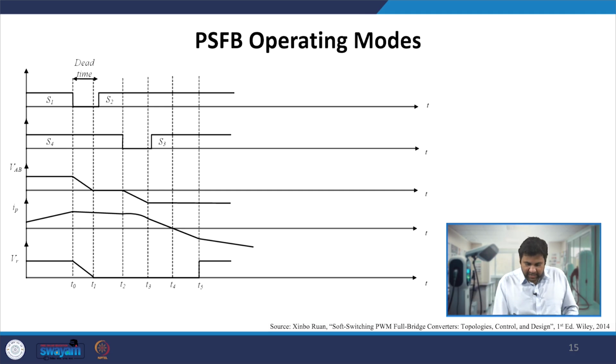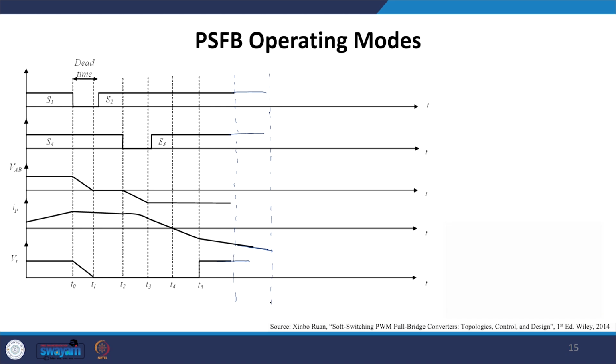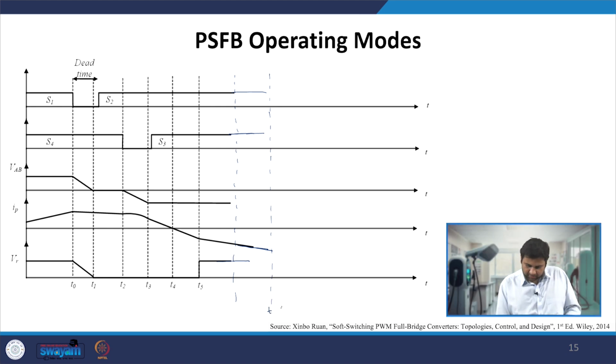So let us take after this point, the VR is still there, the IP keeps on going until this point, and S1 is still there, S2 is still there, and let's say at this point T0, so let's say at T equal to T6, here it is still VR, and here it is Vin minus Vin which is coming over here.